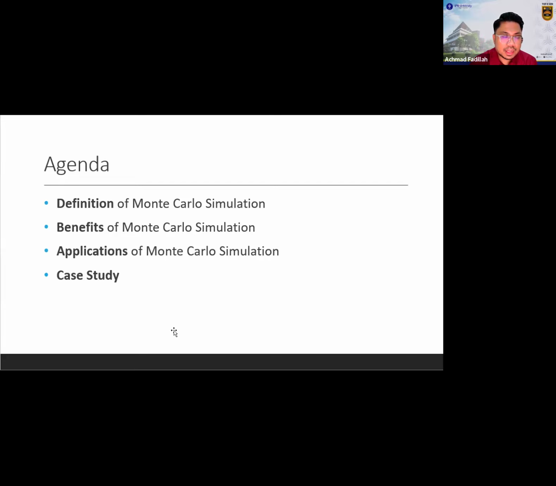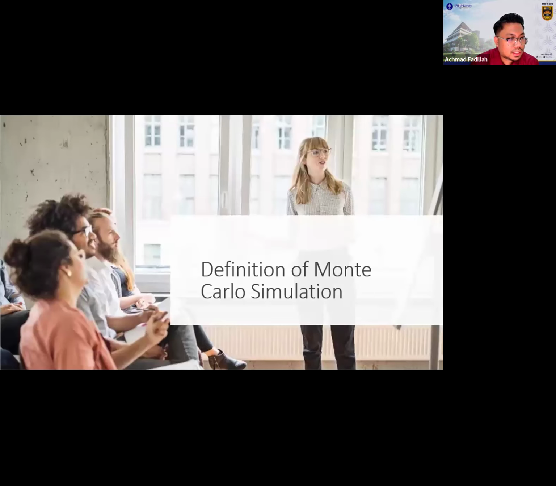Next year there's a time for you for the internship program, and maybe you will work in companies, and you can try to use this Monte Carlo simulation in your company or your startup and implement it. Of course, in the third phase, we will learn about the application of these things. It's not only about theoretical things. We will also discuss a business case study.